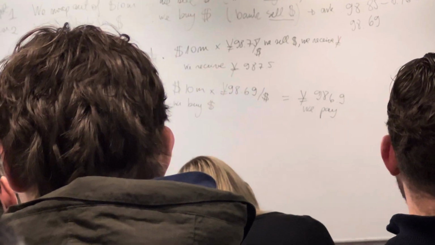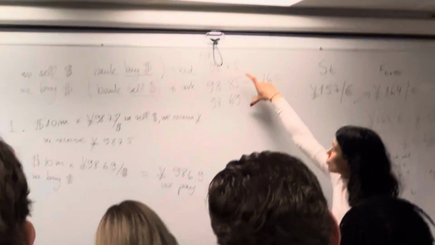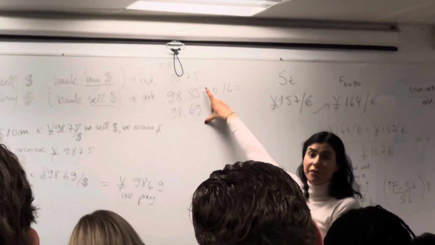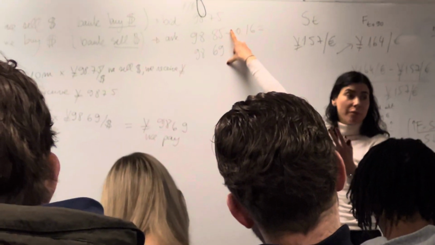So basically the idea, when we do lecture 3, is that this forward number just doesn't come out of the blue. It is priced such that the difference between these two equals the interest rate differential, because we know the interest rates. They're given, and they don't change that much.